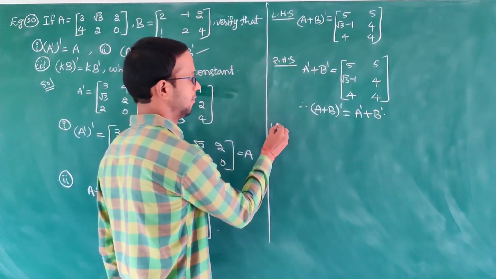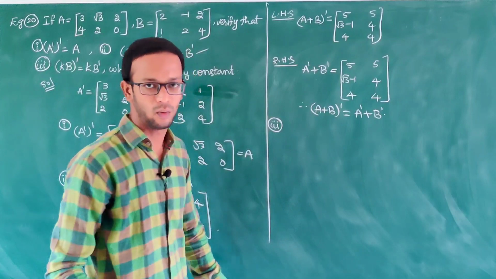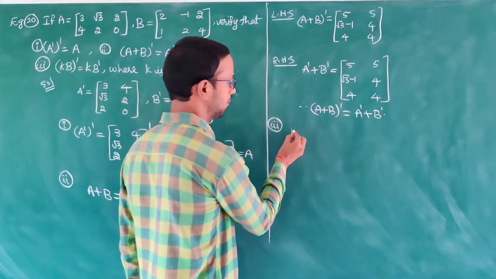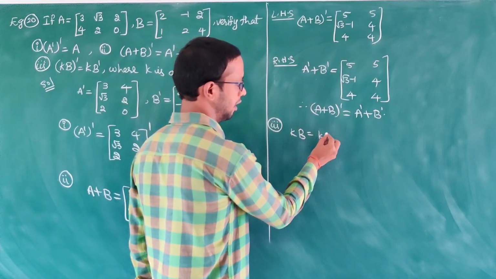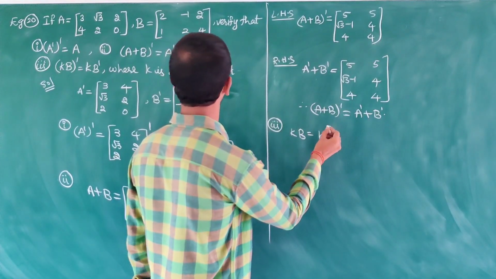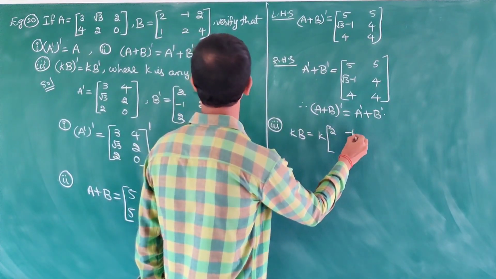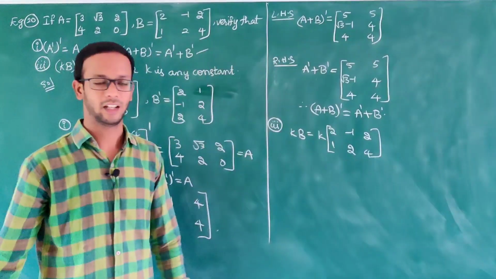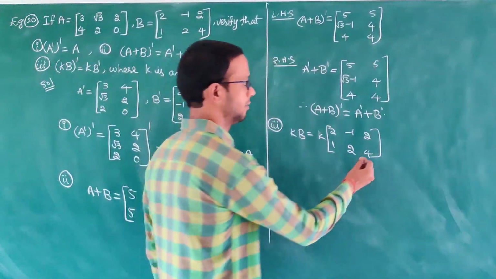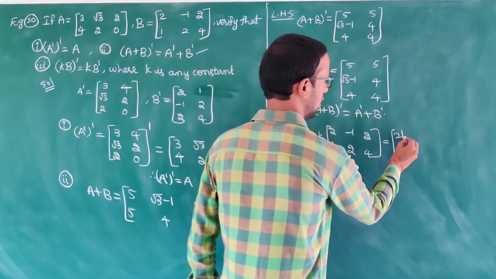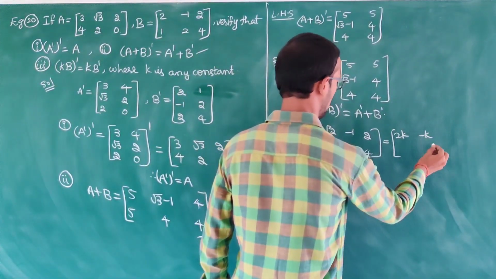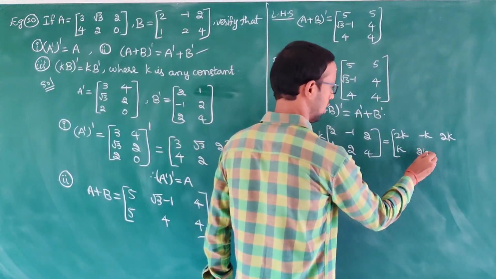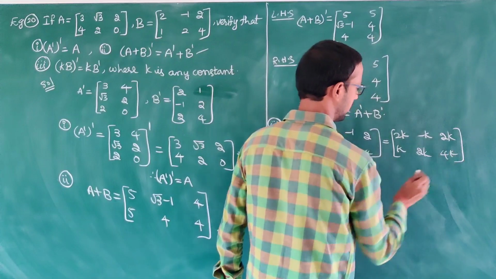(KB)' on the left side. First I'll find KB. What is KB? K into matrix B, which is 2, minus 1, 2, 1, 2, 4. Multiply K inside, what will you get? 2K, minus K, 2K, K, 2K, 4K.